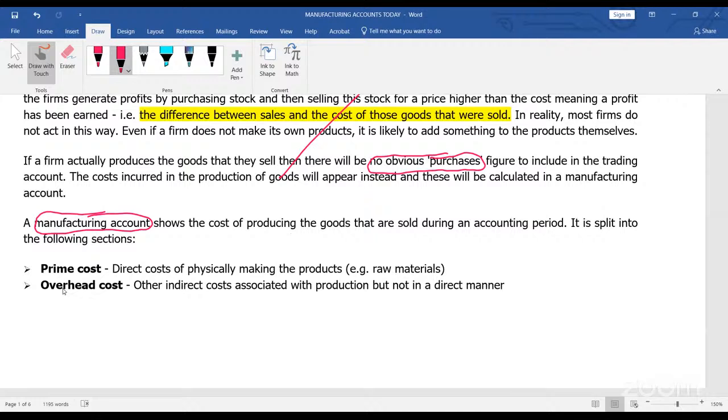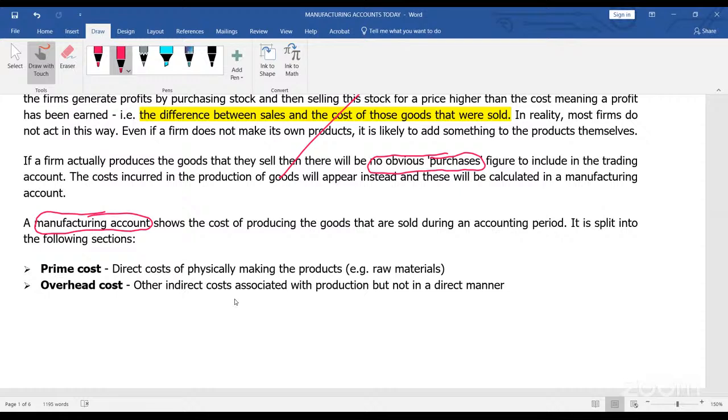Now, when you look at the cost of producing the goods, there are different costs that are incurred. We have what we call the prime cost, and then you also have what we call the overhead costs. You should be able to differentiate between prime costs and overhead costs.